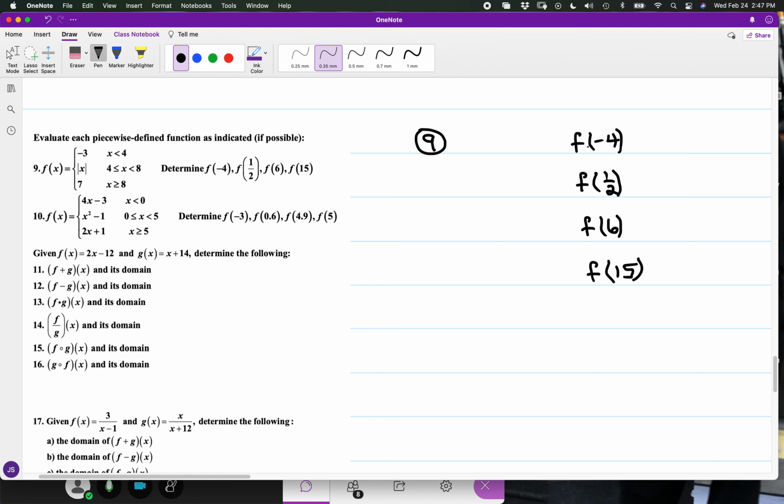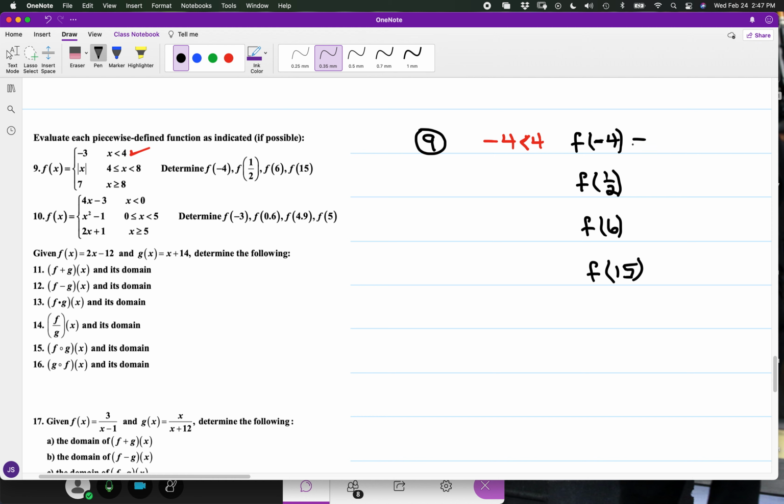Okay, now in terms of which of the piecewise defined function portions to use, look at the input. So you have f of negative 4. And looking at the first inequality, negative 4 is less than 4. So I'm going to use this particular part. For any input that is less than 4, and negative 4 being among them, f of that input is equal to negative 3.